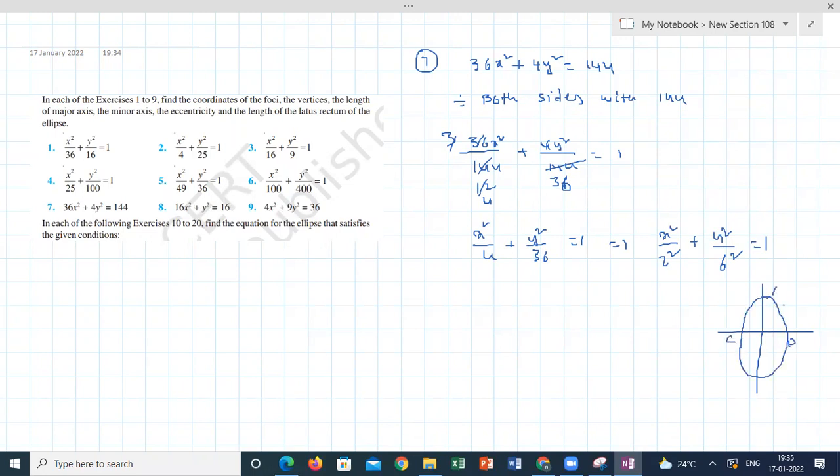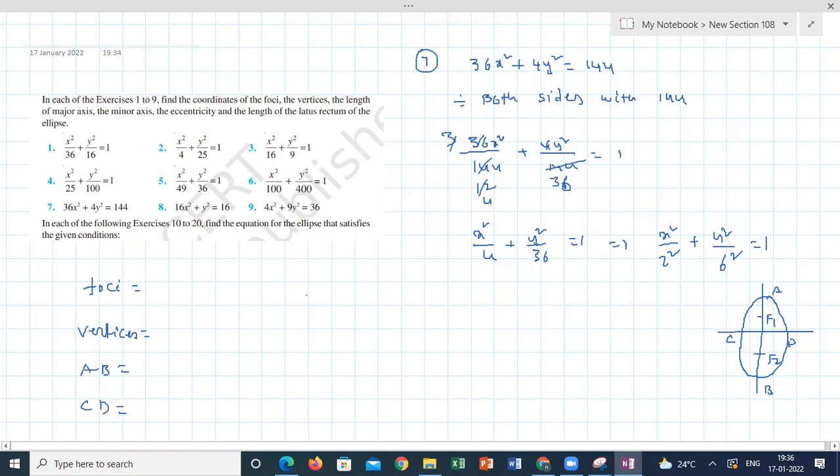CD, AB, F2, F1. So foci is, you know, what is the formula? Now you yourself, write the formula and let me know. AB value, length of the major axis, CD value, length of the minor axis, eccentricity, length of the latus rectum.